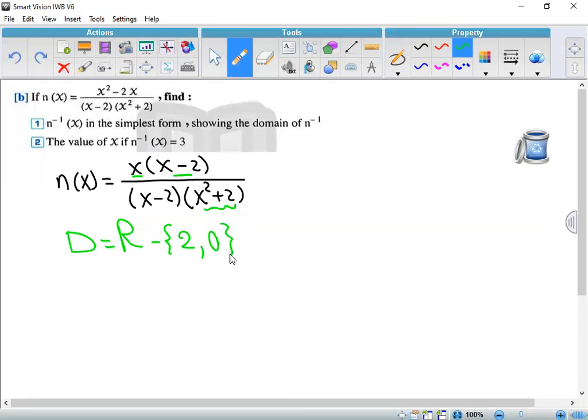Maybe one says, why? We take zeros of R, zeros of the denominator only.